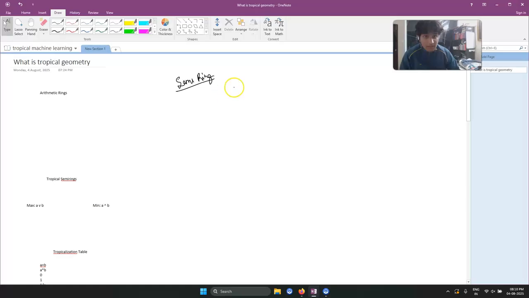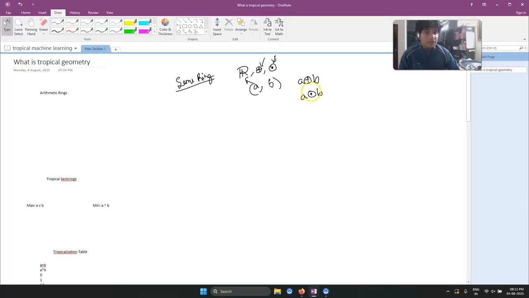So a semi-ring basically takes a set of numbers, like let's say the real numbers, and it gives you two operations, say the ring addition and the ring multiplication. These two operators take any two entries that belong to your real numbers and tell them how to add and how to multiply them.